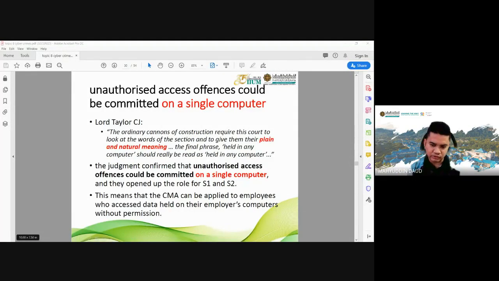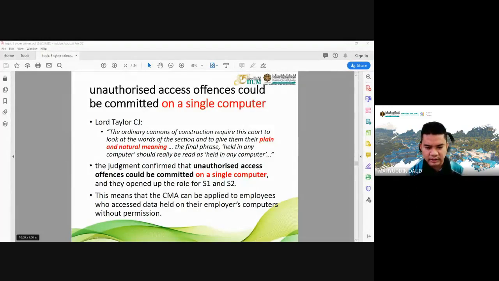Section 5 is where you go a little bit further. You commit unauthorized access, and then you modify the content. Modify has been defined just now, as I have explained just now. Modify can mean you change, you use, you delete, right? Or maybe you impair.